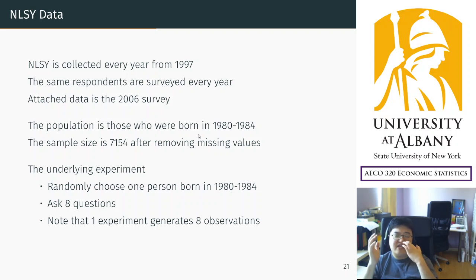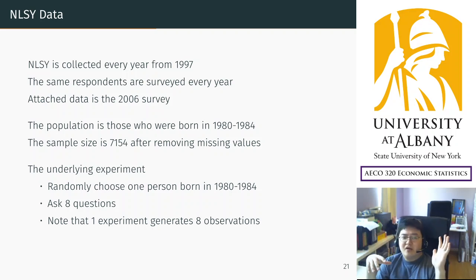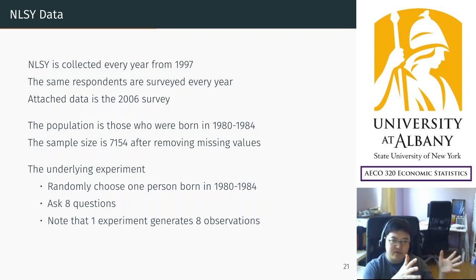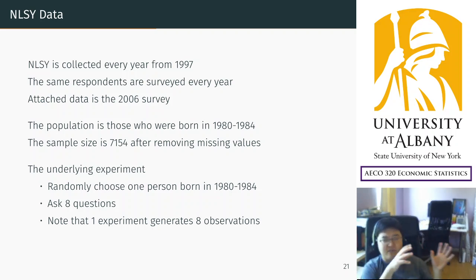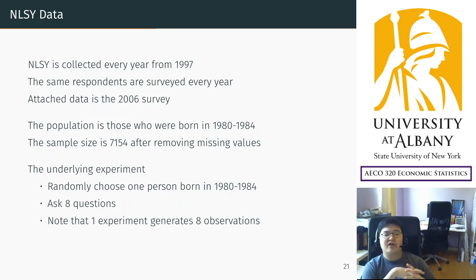What they do is in 97, they choose a certain number of random people, and they interview those same people every year, and the data I show you is the 2006 interview. So you may compare how their life cycle changed, or when they changed their job and when they lost their job, and many other things. That's just the background knowledge of the data set.